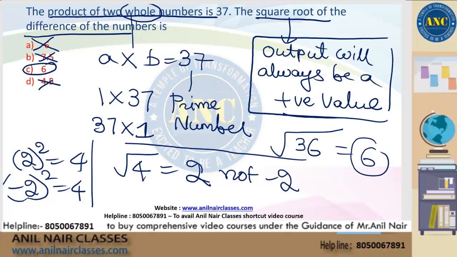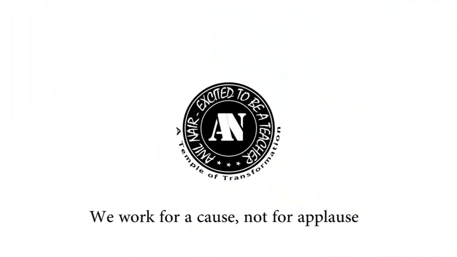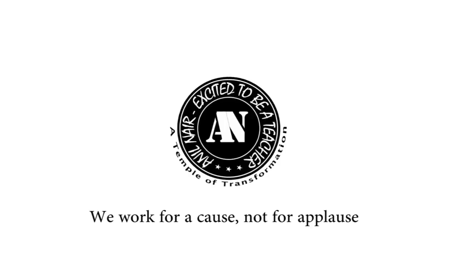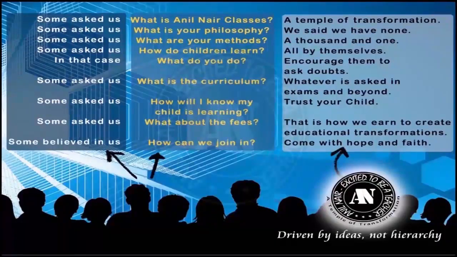Square root always gives a positive value. It can never give a negative value. Square root of 37 minus 1 is 36. Idea clear, right?